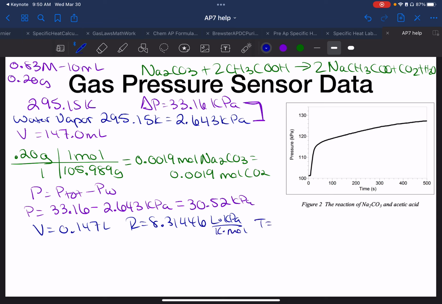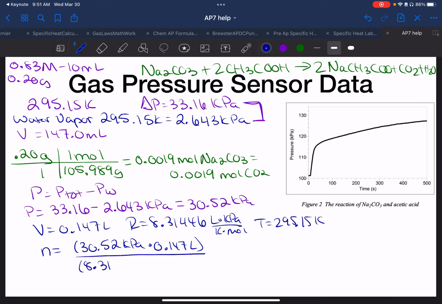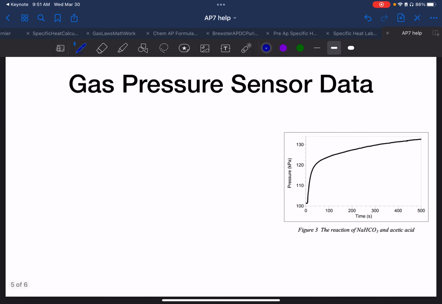And my T equals 295.15 K. So to solve for my n, I'm going to rearrange my ideal gas law equation and sub my values in, and we're going to get 30.52 kilopascals times 0.147 liters divided by 8.31446 times 295.15, and we're going to get 0.00183 moles of CO2. Okay, we're going to repeat that with the other one as well.